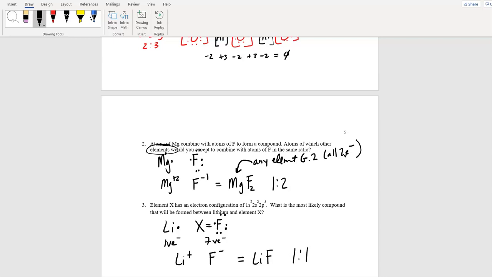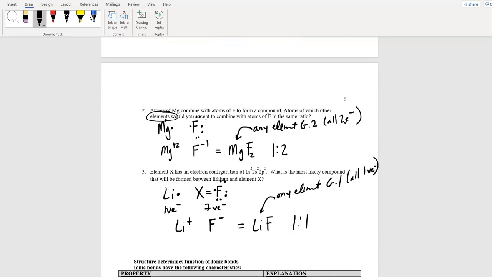Can you think of any elements that would also form a 1-to-1 ratio with this mysterious F, which is element X? Yeah, any element in group 1, because they all have 1 valence electron. Okay, they all have 1.